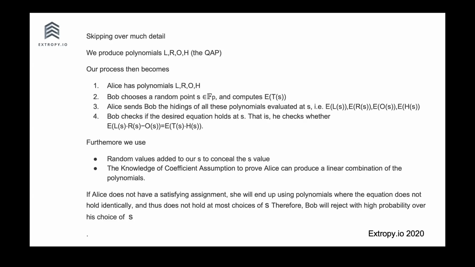But I hope it gives you some idea of the process that is involved in a zero knowledge proof, and how we can use features of cryptography to both ensure the soundness of our proof and ensure that our proof is correct, but also ensure that there is no knowledge being passed between the prover and the verifier, other than the verifier gets to know that the proof is correct or not.